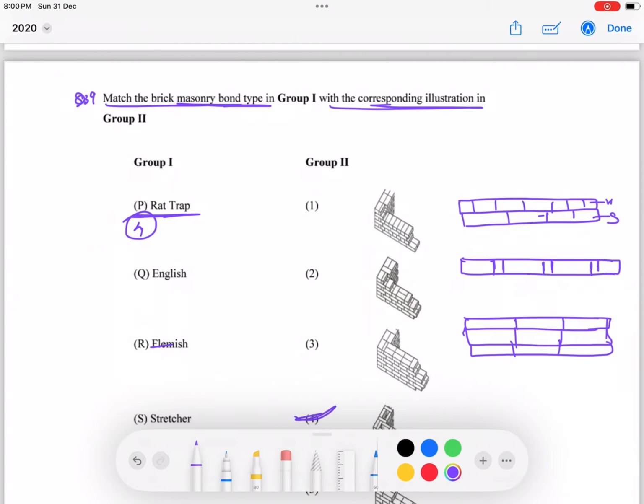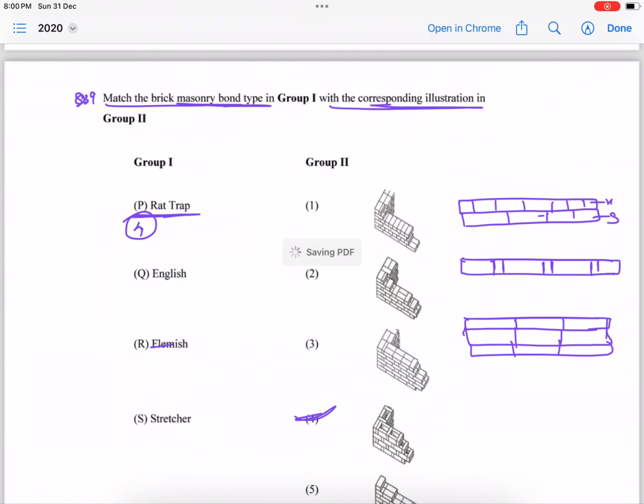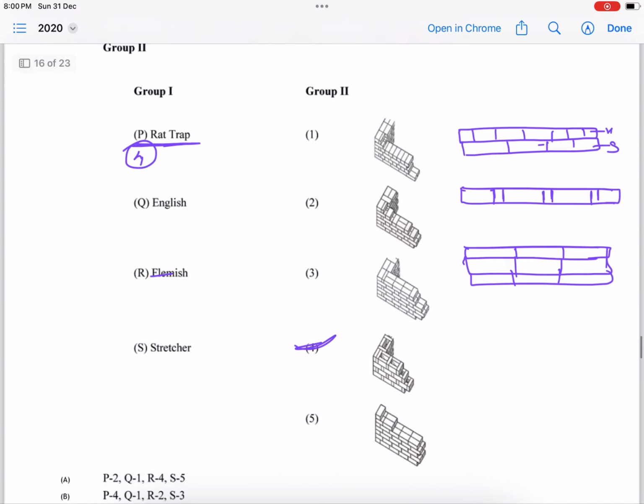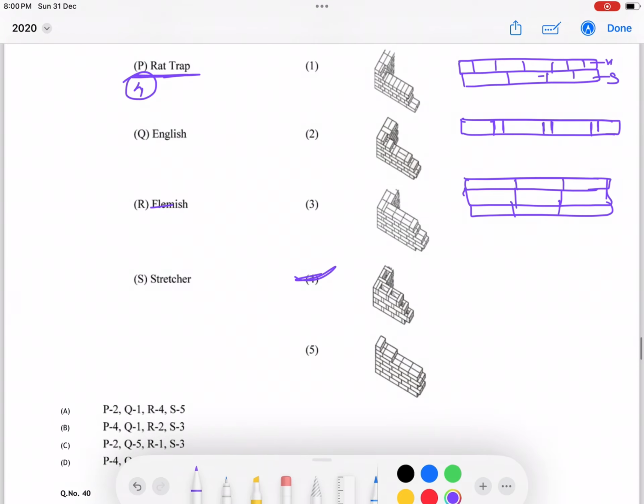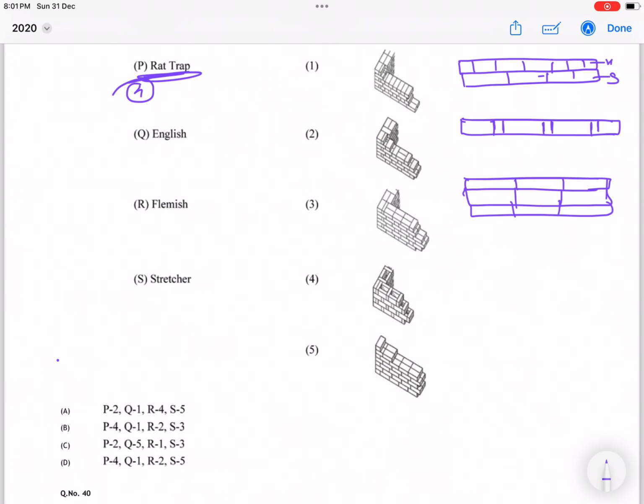So English bond is represented by 1, Flemish bond is represented by the second, and stretcher bond is represented by the 5th one. All of the courses show stretchers in elevation.